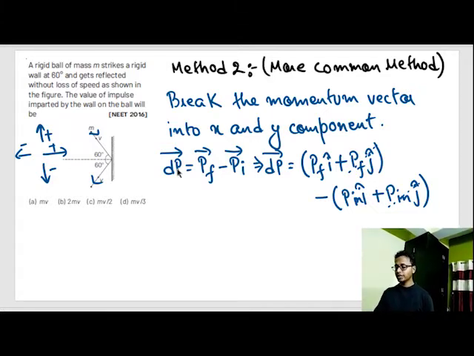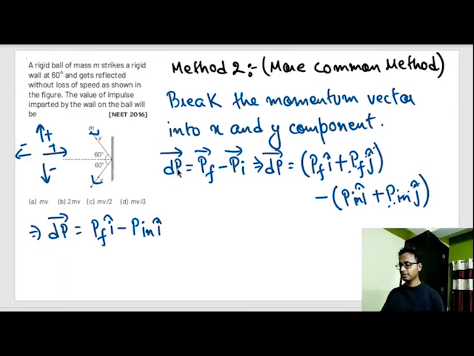Okay, so dp is equal to, now change in momentum is nothing but final momentum in x-axis minus initial momentum in x-axis, because the momentum in y-axis gets cancelled, because the ball does not push the ball upwards or downwards, it only pushes the ball sideways. So what is the component of final momentum in x-axis?